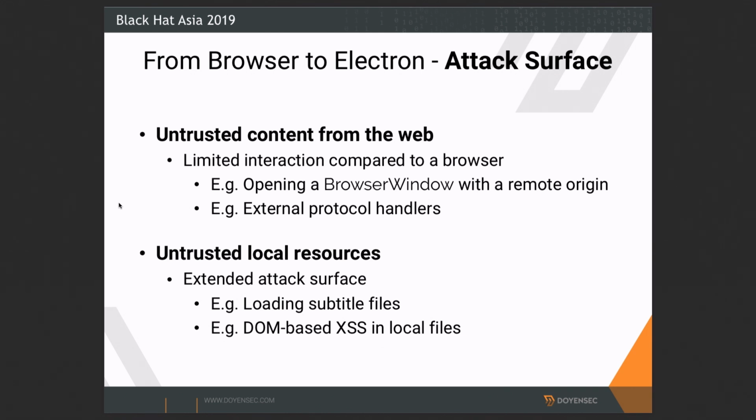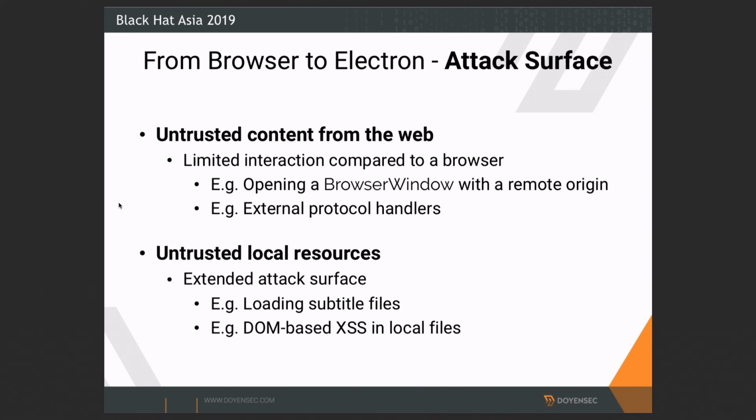The Brave browser experiment was a kind of failure of building a browser based on Electron, and in fact, they recently migrated back to a native Chromium-based browser. There is usually very limited interaction. You are allowing people to type in input fields, maybe add images, but you never allow a user to go to random URLs. So in that regard, there is definitely limited interaction in an Electron app.